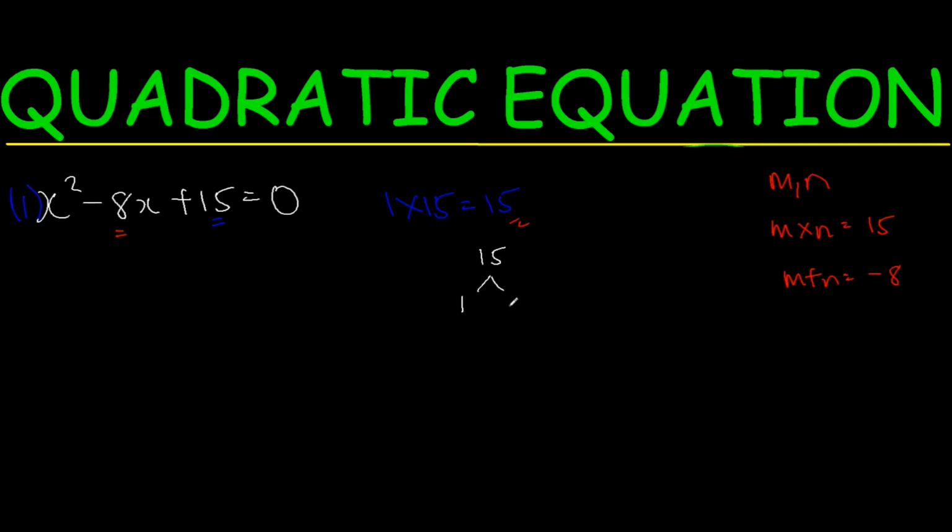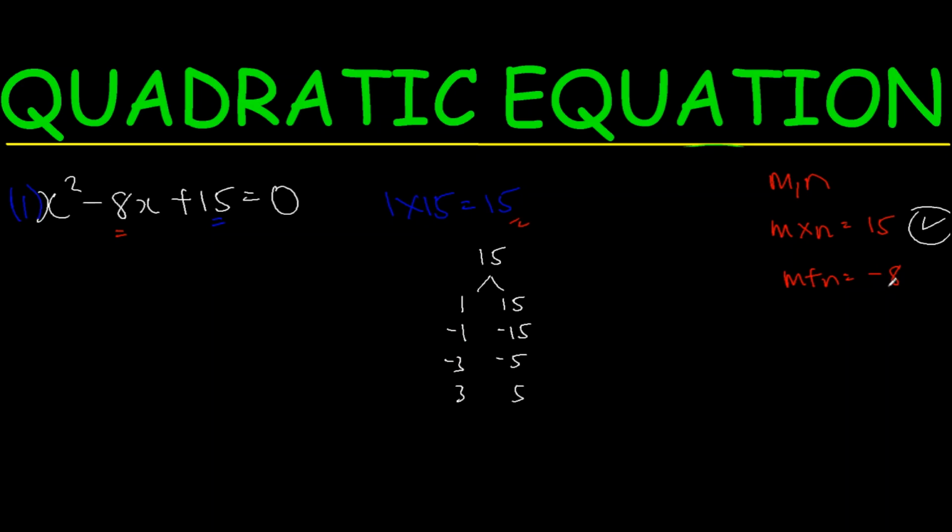We can have 1 and 15 here. We can have minus 1 and minus 15. We can have minus 3 and minus 5. We can have 3 and 5, because they all multiply to give the number 15. So we have satisfied our first requirement.